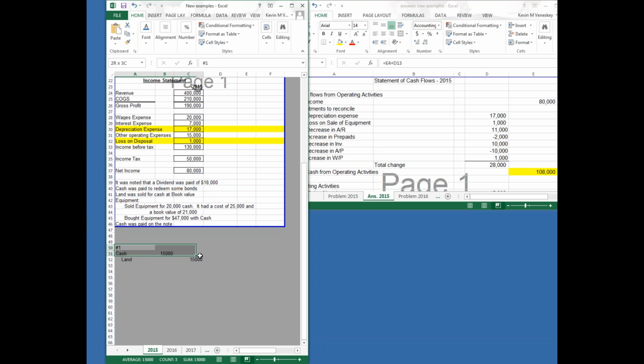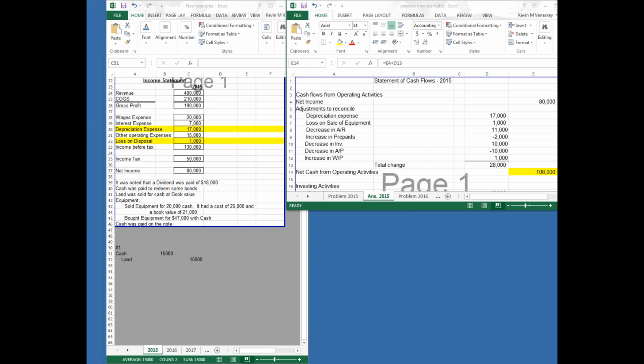Now I can ask myself the 2 questions. Did the transaction involve net income? Nope. These are both asset accounts. Did the transaction involve cash? Obviously it did. So this is something that needs to go on the statement of cash flows for the entire amount that I have there in cash.